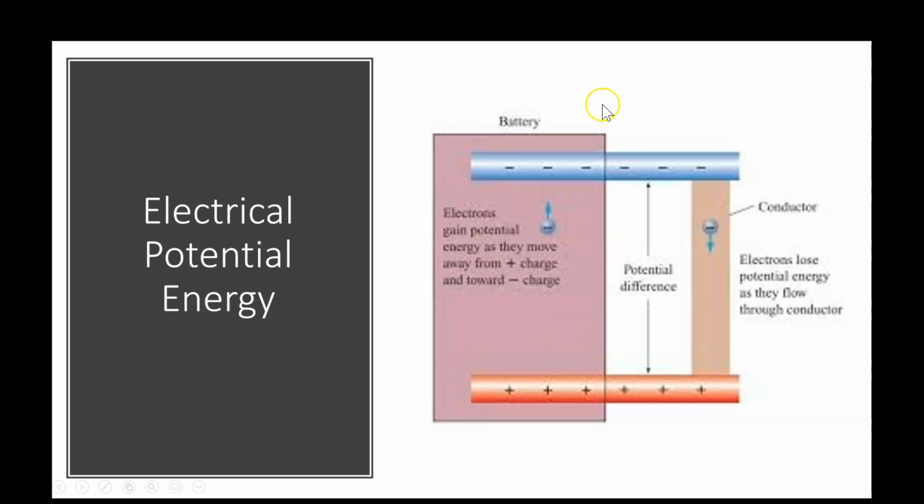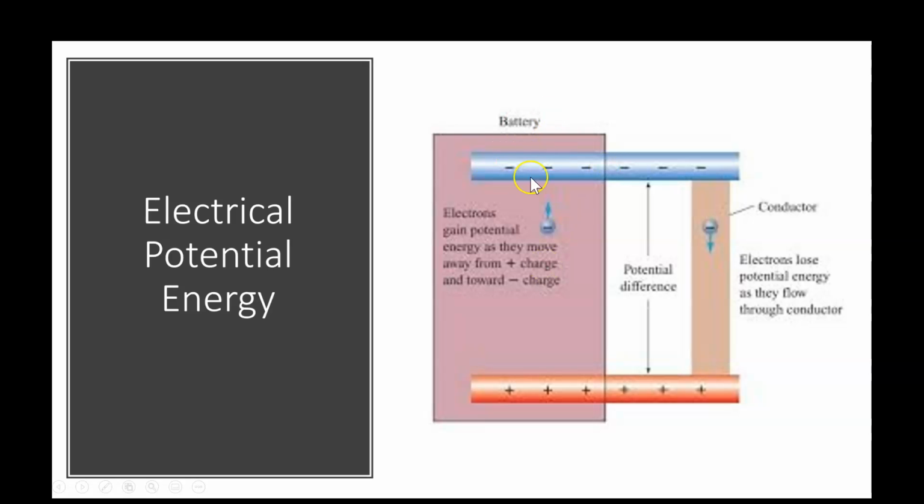So this is a battery, this is the conducting wire, and this is what is known as potential difference. I'm going to talk about potential difference in a second, but it's exactly what creates this electrical potential energy. Chemical reactions within the battery push the electrons to one end, leaving positive charges at the other end.